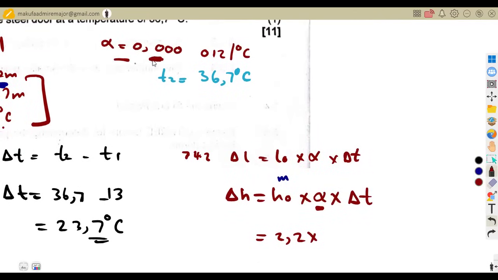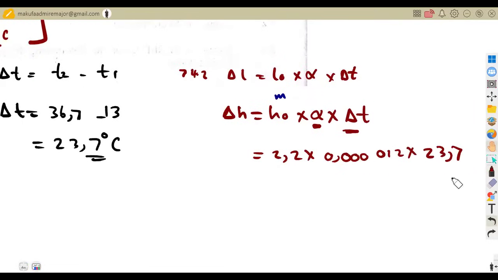I said, if you check from your information sheet, on the first page, it is given as 0.000012, times the change in temperature. We already calculated the change in temperature here, T2 minus T1, which gave 23.7. So we are going to obtain the change in height, and the answer will be in meters, something like 0.000626.